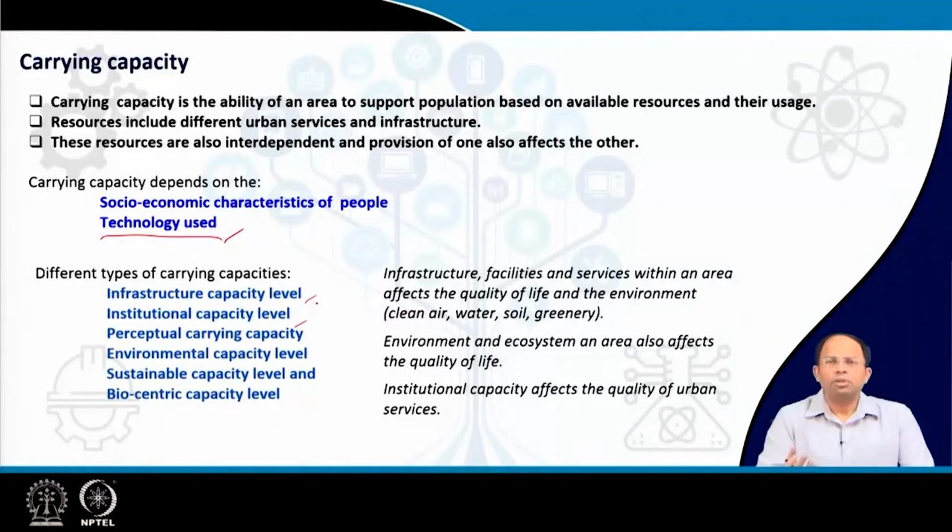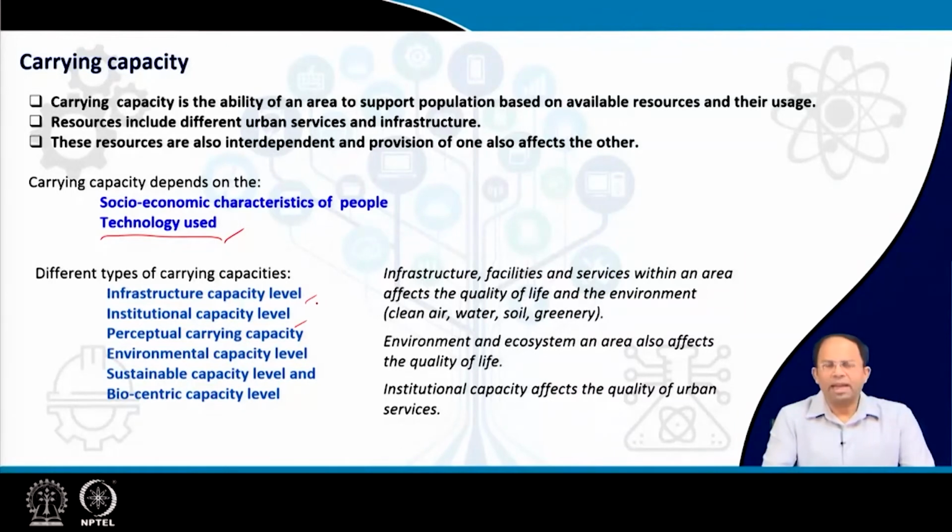Like the institutions means the government, the way the government operates, certain bodies such as the security system, the apparatus of that particular city, or maybe the health system of that particular area. So how that is governed, what are the institutes that are there, their capacity, all this will determine the carrying capacity of that urban area.